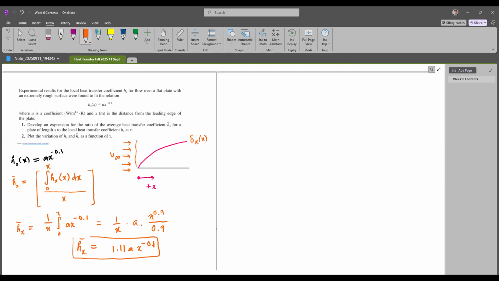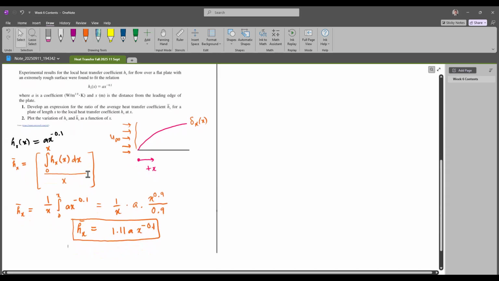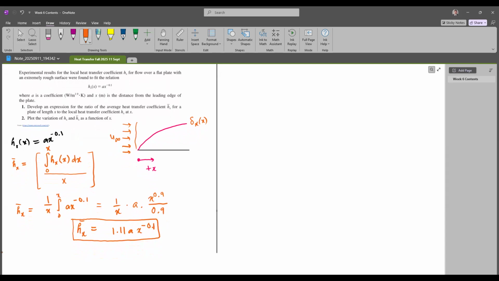Very, very simple problem. Now we just don't have to calculate hx bar. We are being asked to calculate the ratio of average heat transfer coefficient h bar for the plate, so hx bar over hx.